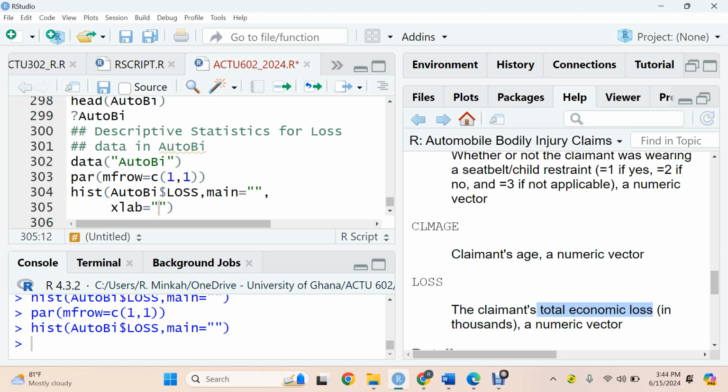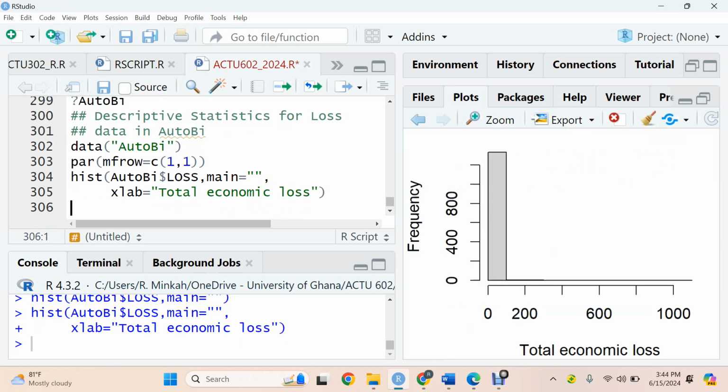Okay, so we can just use this total economic loss. So I copy and then I paste it over there. Total economic loss. Okay, then I do it again like that. So if you are doing a presentation, or even in your report, as soon as the reader sees this, you know what this histogram is about.